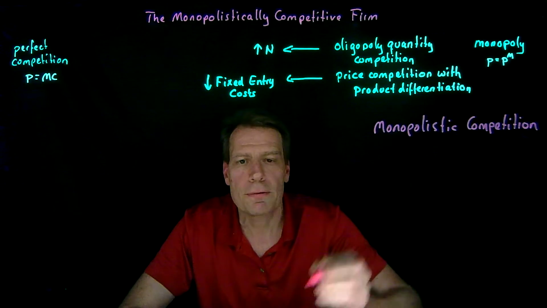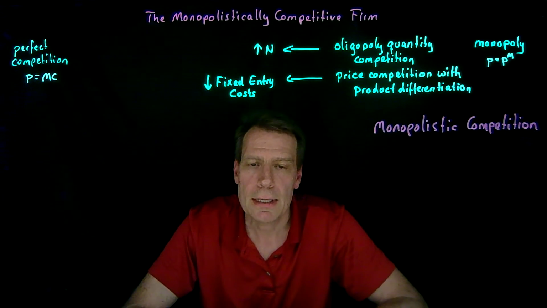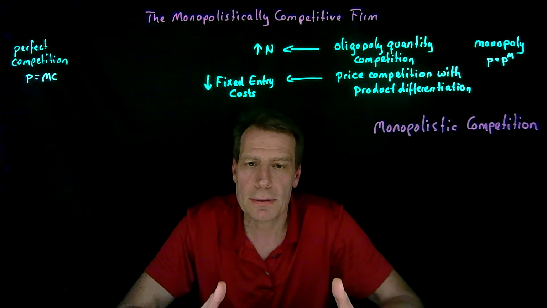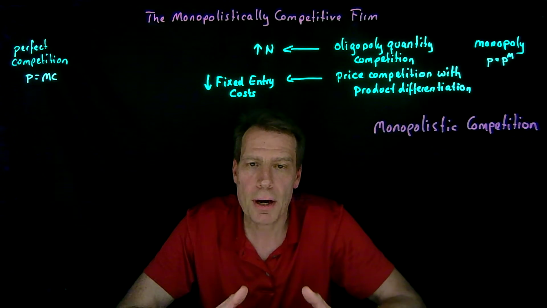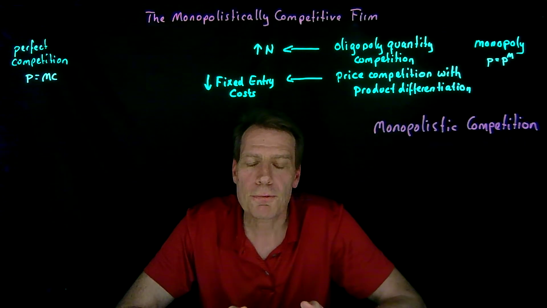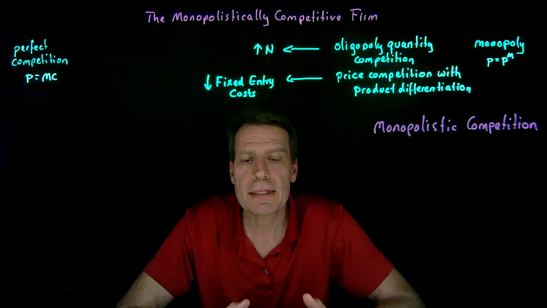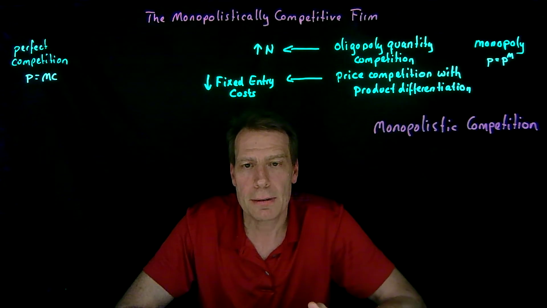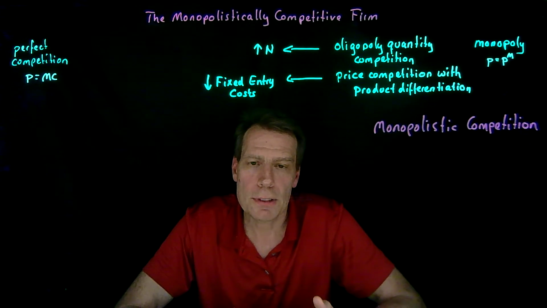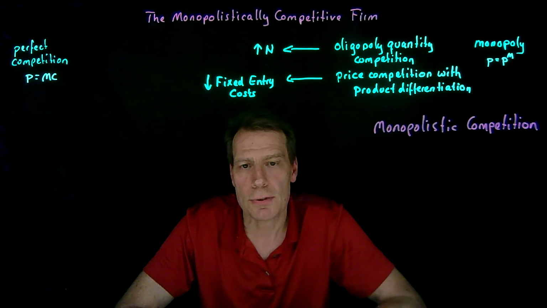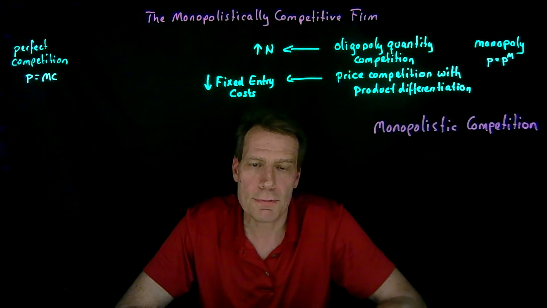And the key feature of monopolistic competition is that the firms that have entered the industry are making positive profit, but the firms outside of the industry would make negative profit by entering. The difference between the two is that the firms in the industry have already paid the fixed entry cost. It is now a sunk cost for them.